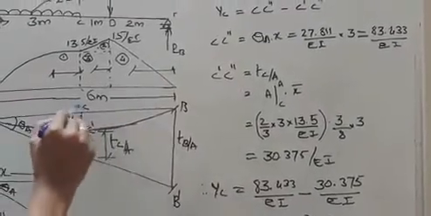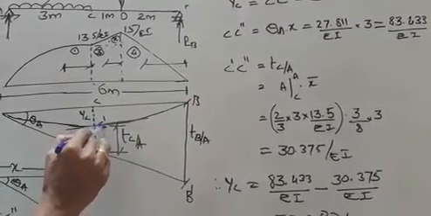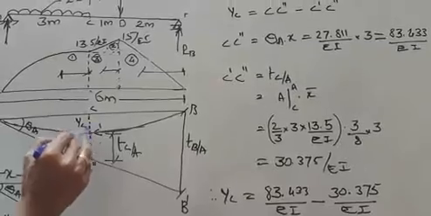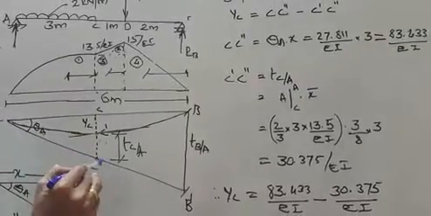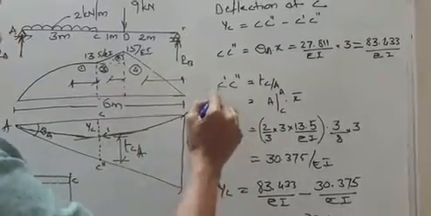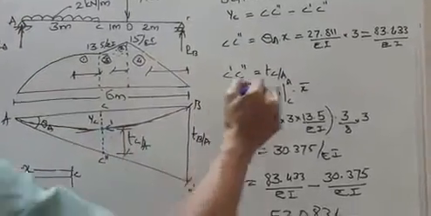So once you get this C double dash, now we have to calculate C dash and C double dash. What is this? It is a tangential deviation of C with respect to the tangent from A. So this is TCA. How to calculate TCA now? C dash C double dash is TCA.